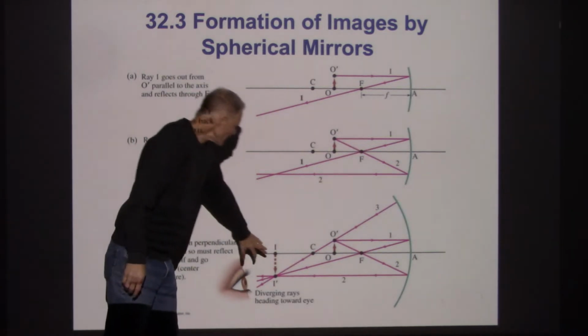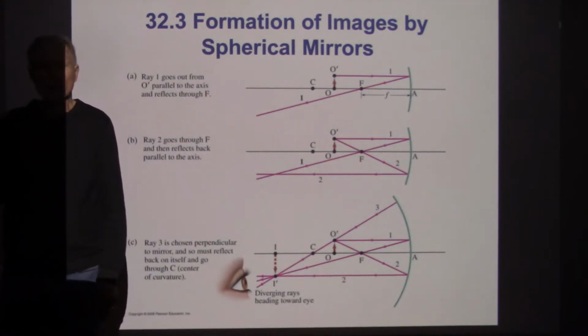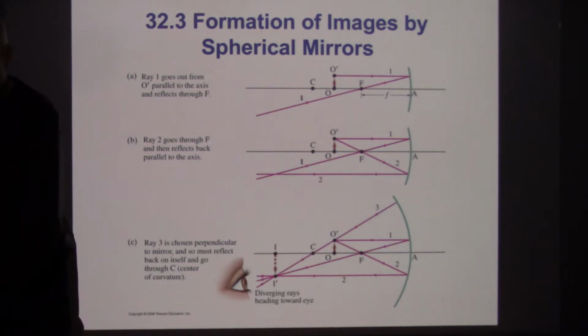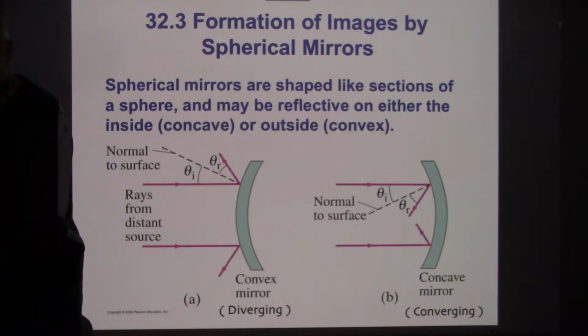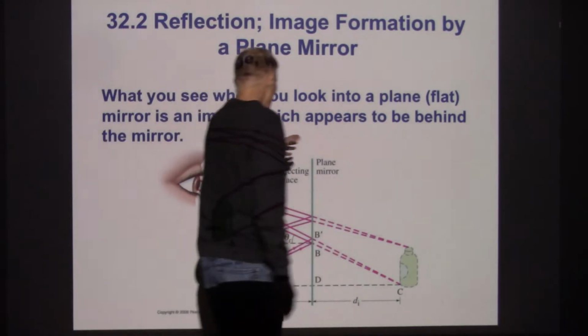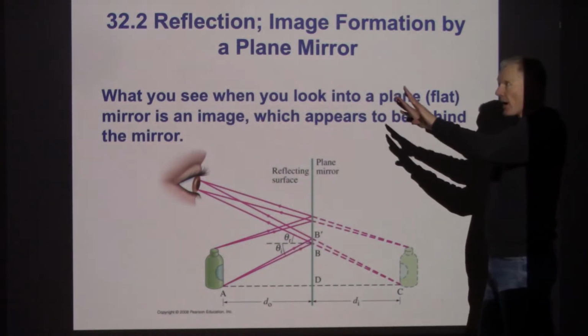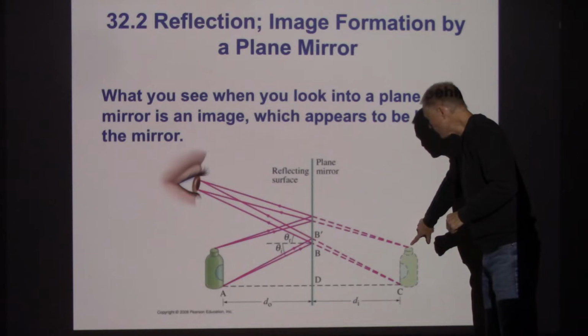Now, is this image real or virtual? Remember, we had that example before with the plane mirror, the stuff you're seeing in the bathroom mirror, the mirrors that you're really familiar with, are always producing virtual images.